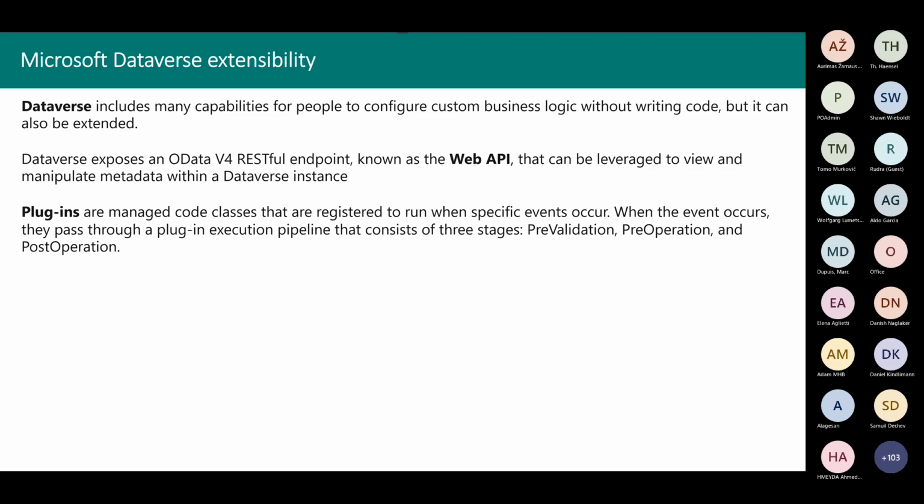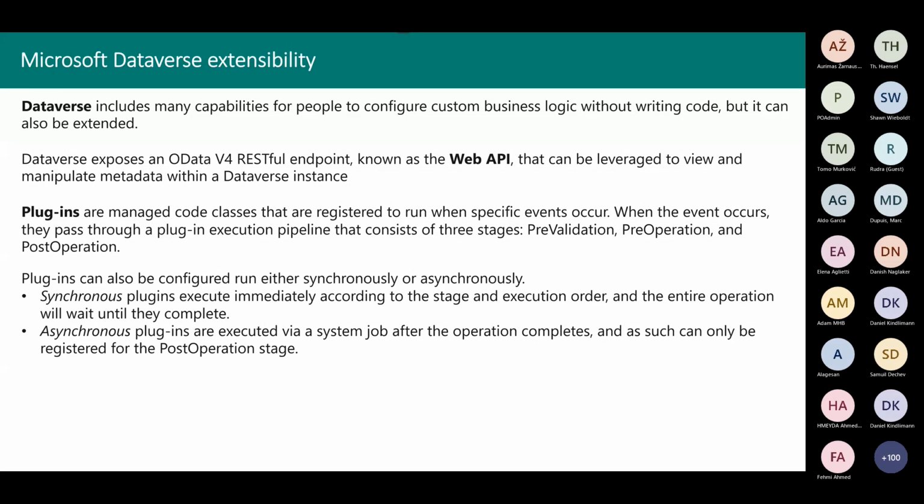Plugins in Dataverse are something like DLLs, managed code, that you can register inside the Dataverse environment. They can be registered to run when some events occur. And when the plugin is triggered, it starts an execution pipeline. This execution pipeline normally has three stages: pre-validation, pre-operation, and post-operation.